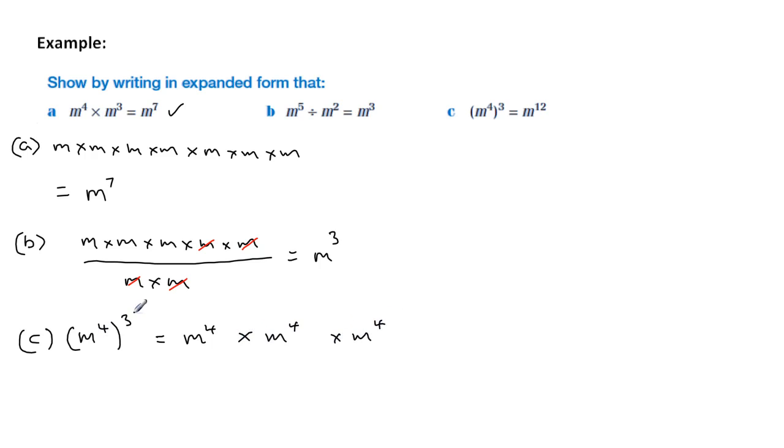So that's 3 lots of m to the 4, that's what this means. Then writing it out in expanded form, you can see will take a moment, but I'd like you to do that. So we need to do this a couple of times more. So that's 2 lots, and then our third lot.